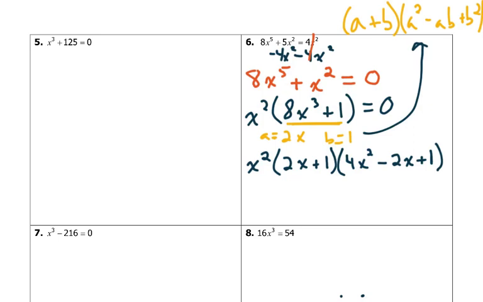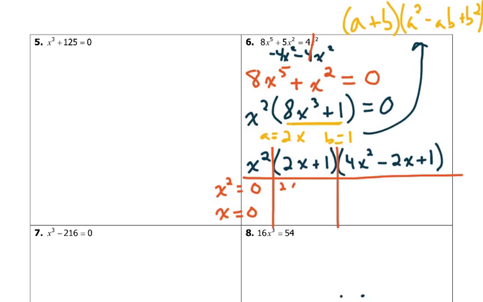Can we simplify anything else from here? No, we cannot. So now we have our 3 factors, 1, 2, and 3. You can see them. We're going to divide those up with lines as we've been doing. We get x squared equals 0, which means when we take the square root of both sides, it's just x equals 0.